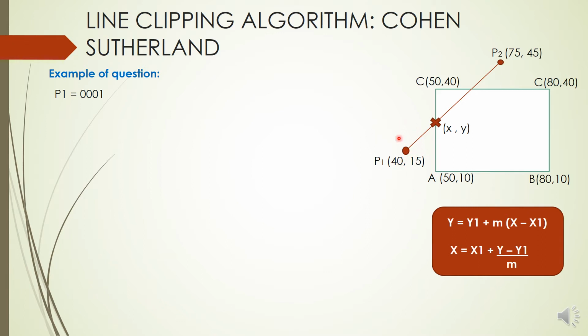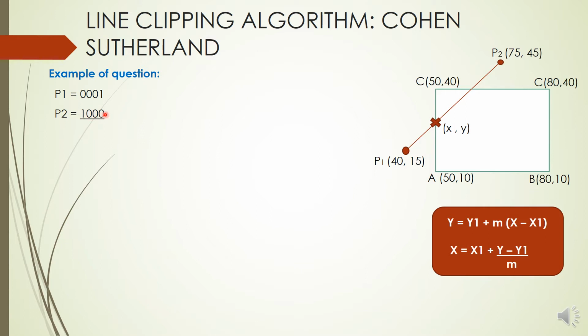I hope you still remember the region code for this area, which is 0001. And what is the region code for P2? P2 is located in this region, and its region code is 1000.